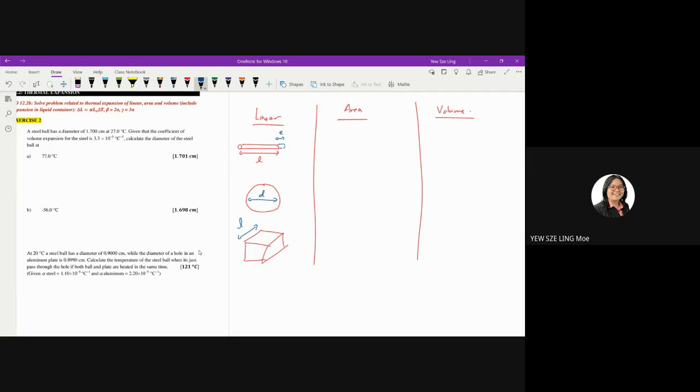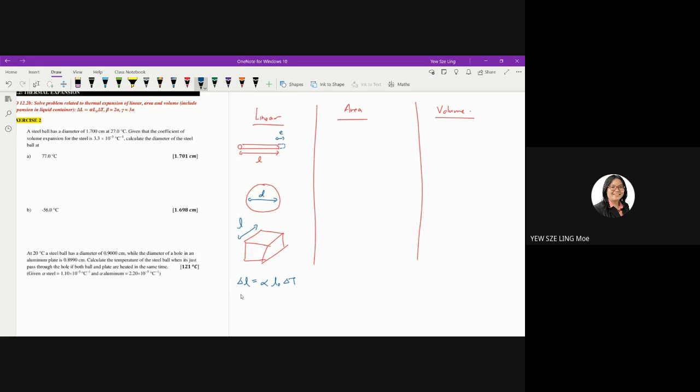When it comes to linear expansion, the equation is very simple. The change in length is equal to alpha L naught delta T. I think if I'm not mistaken, this equation is given in the exam. If you want to calculate the final length, you have to expand the equation.